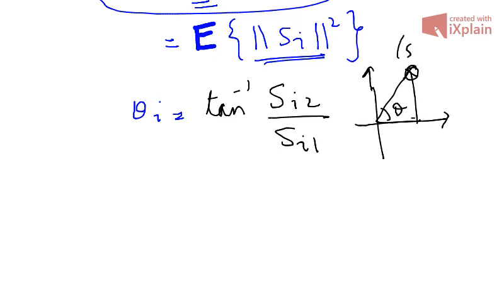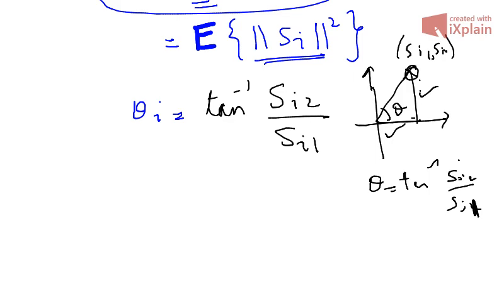So SI1, SI2, and this theta is of course equal to tangent inverse of this side over base, SI2 over SI1. So this is your theta.